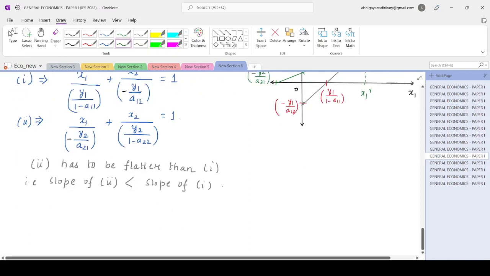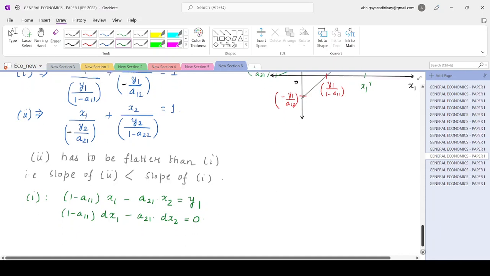So moving on. What was equation 1? 1 minus a11 times x1 minus a21 times x2 is equal to y1. So 1 minus a11 times dx1 minus a21 times dx2 is equal to 0.